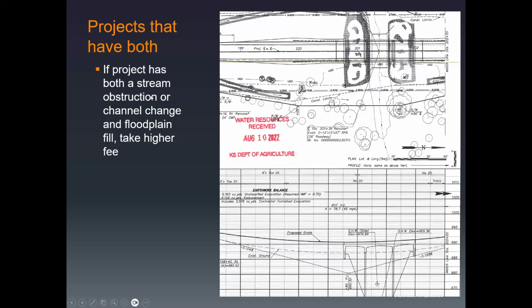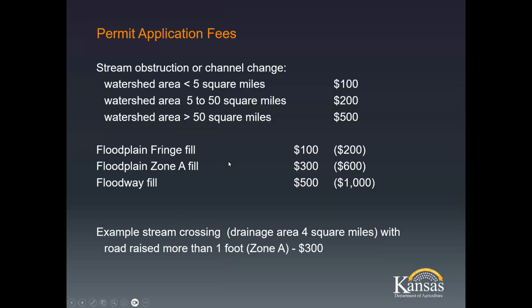So this would require a stream obstruction and a floodplain fill. In that example, the drainage area was 4 square miles, so that would have been a $100 fee. And then the road was raised more than a foot in a zone A, which is $300. So the fee is $300, which is the higher of the fees.